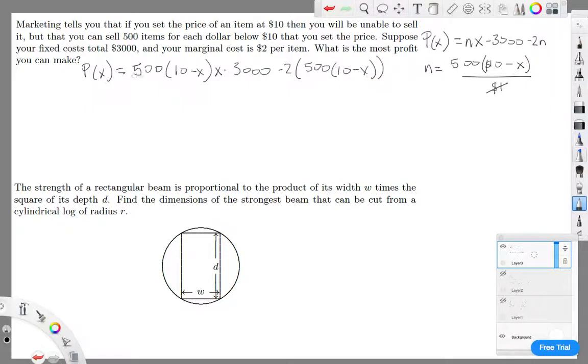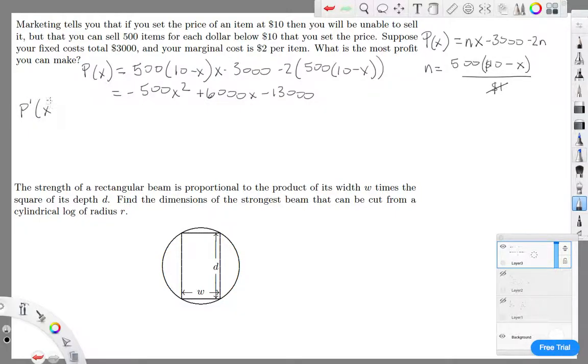Okay, we'll do some algebra. We come up with negative 500x squared plus 6,000x minus 13,000. And we're going to set that equal to 0. Oops, sorry, excuse me, we're not going to set it equal to 0 yet.